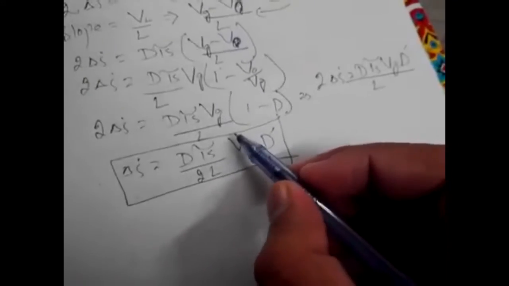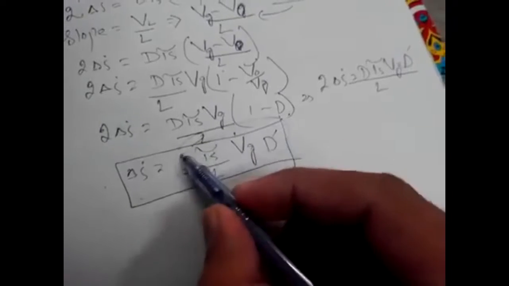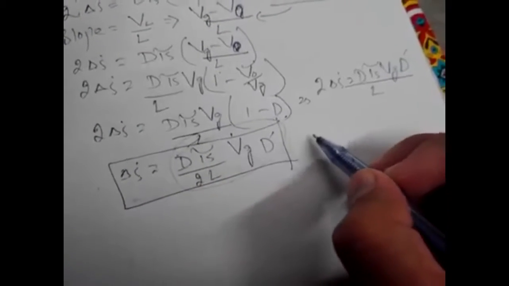From this equation we know that the current ripple depends upon all these terms and mainly on Vg. So we can control our current ripple through Vg. If we minimize the input voltage, then the current ripple will become smaller.